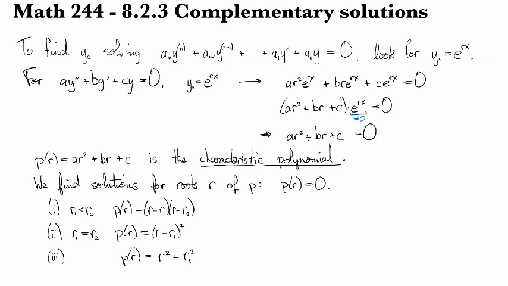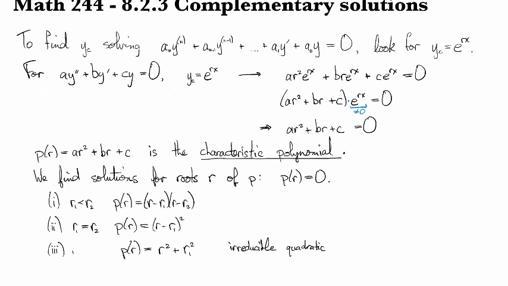So this is an irreducible quadratic. And in this case, there's no real roots. In fact, the roots look like a plus or minus bi, where i is the imaginary number. But anyways, we will see how to deal with all of these situations in the ensuing examples.